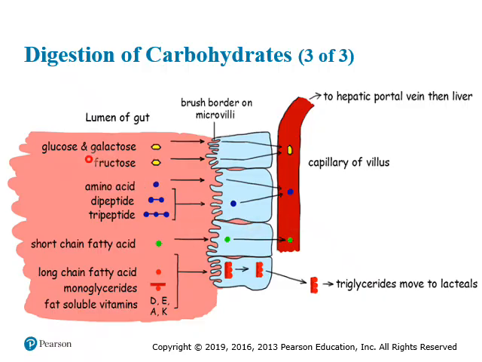So your glucose, galactose, and fructose pretty much would be entering the cells and would be co-transported across the apical membrane of the absorptive epithelial cells, and they are mostly by secondary active transport with sodium. Monosaccharides exit across the basolateral membrane by facilitated diffusion.